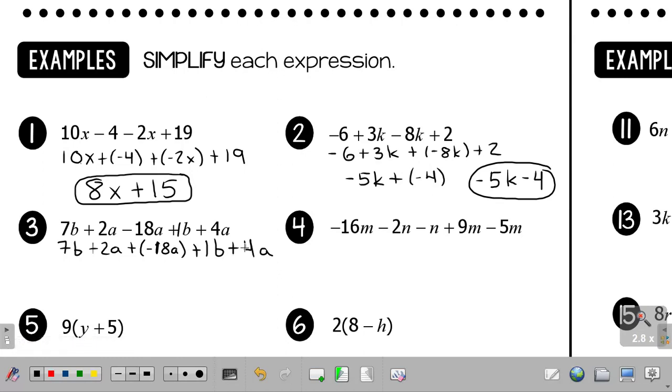2a, negative 18a, 4a. So 2 plus 4, see how I'm doing this, 2 plus 4 is 6, plus negative 18, that's actually going to be negative 12a, plus 7b plus 1b is 8b. Okay. Now, technically, you could have had it flipped around and had 8b minus 12a, okay?